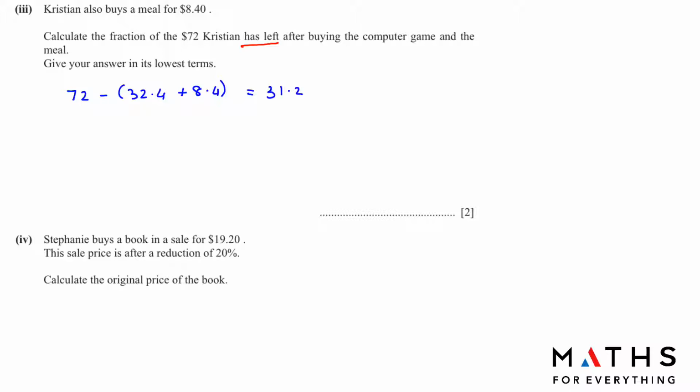This is the money that he has left. And we want to write this 31.2 over 72 in the lowest fraction. You will get 13 over 30.